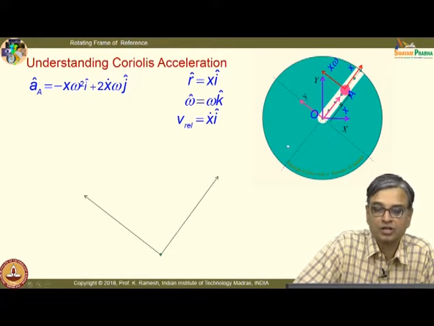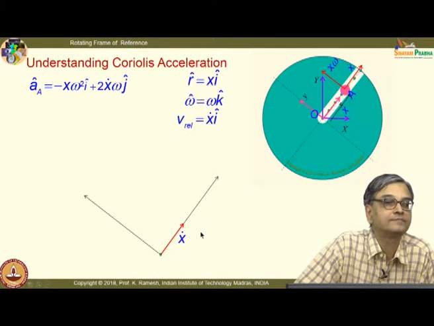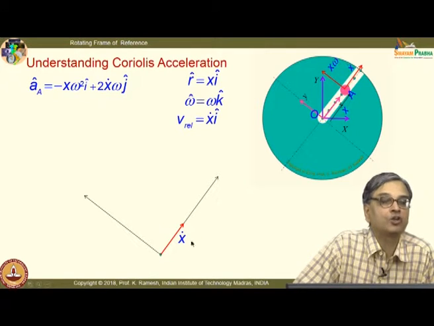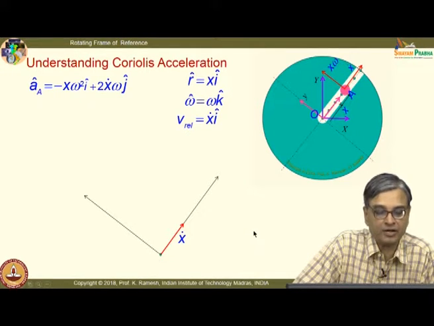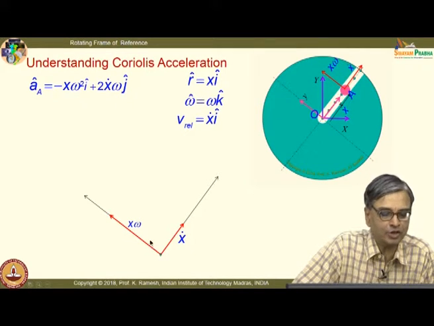So, I put the axis here at this instant of time, and what are the velocity components I have? I have a velocity component x dot in the direction of the slot, and I also have another component of velocity which is x omega. I have deliberately shown that they are not equal. I could not show it in this diagram, just too small for me to show.